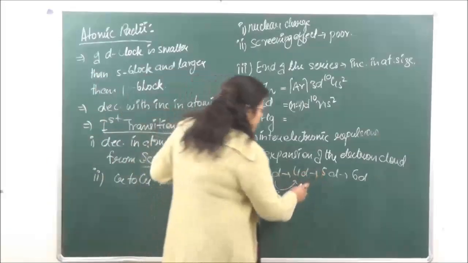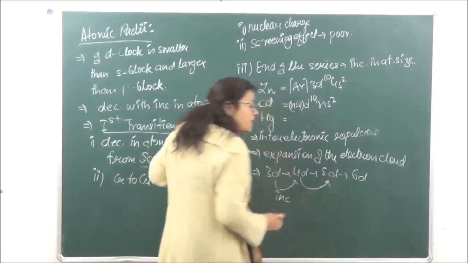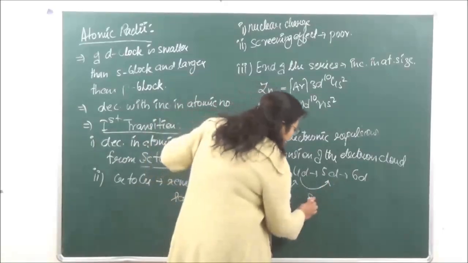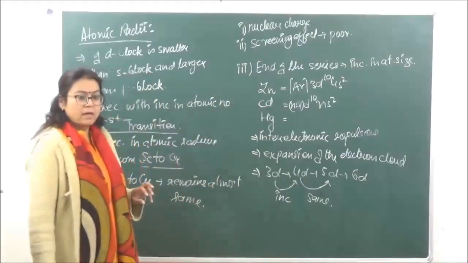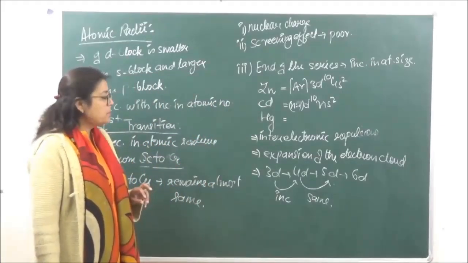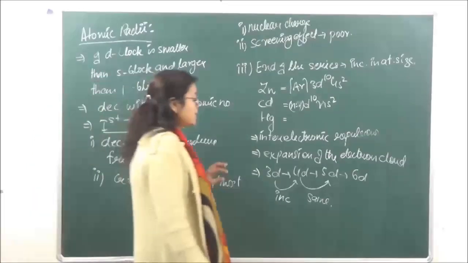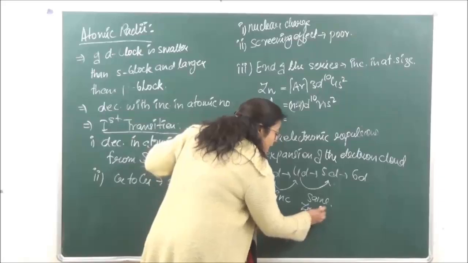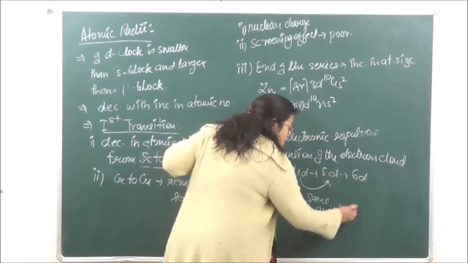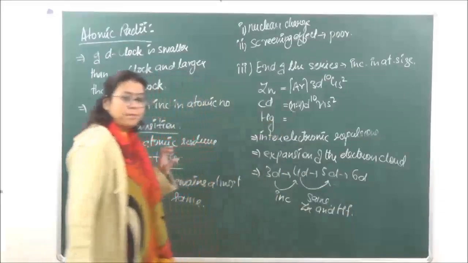But when we are going from 4d to 5d, the sizes are almost the same, right? An example which we can take over here is that the size of zirconium and hafnium is almost the same.